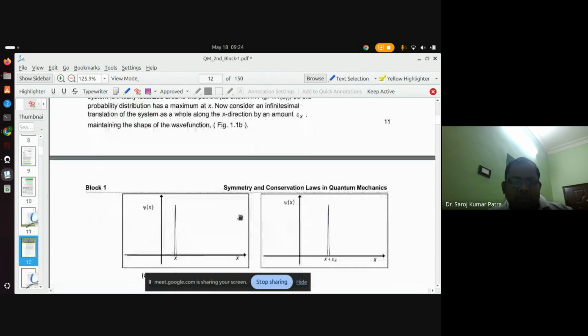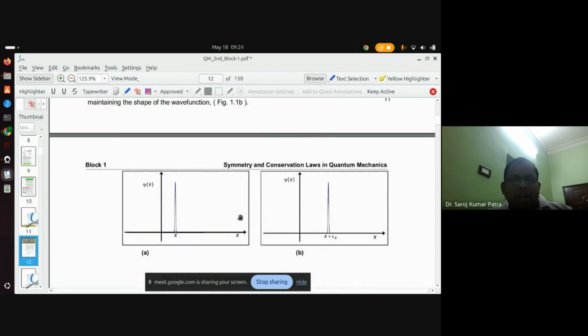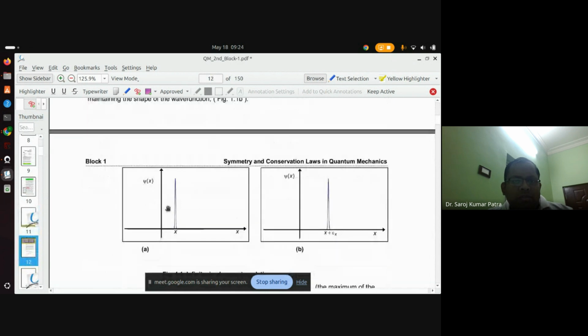Let us see what happens. What happens if I have the wave function ψ in this axis, and it is peaked at x equal to x? All of you have this concept of group velocity. That means if I am measuring the position x, then the wave function will be peaked at x.